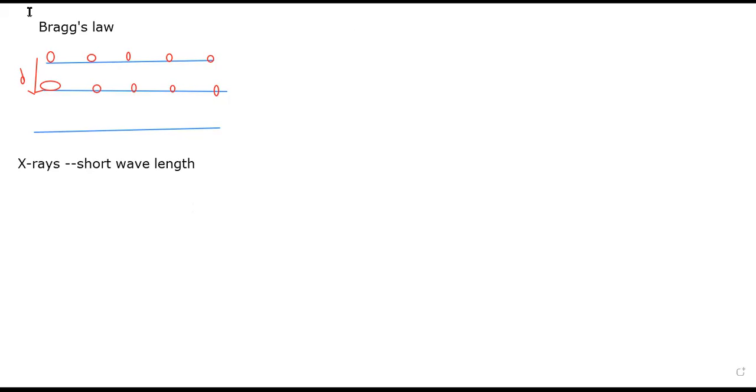So a beam comes and is incident directly on the atom. As the atom is an opaque point, it acts as an opaque material. Then it is scattered by this atom. So this is the direction of incident X-ray.